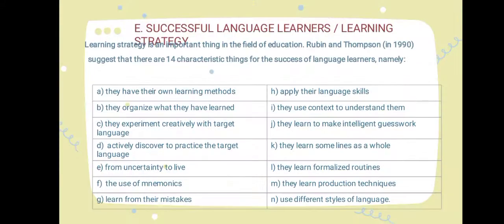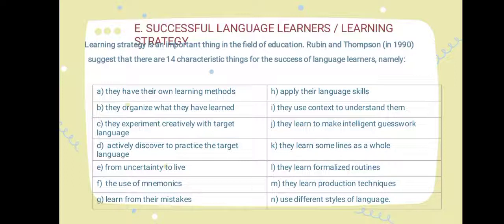Next, we analyze successful language learners or learning strategy by Rubin and Thompson. Learning strategy is an important thing in the field of education. Rubin and Thompson suggest that there are 14 characteristics for the success of language learners.